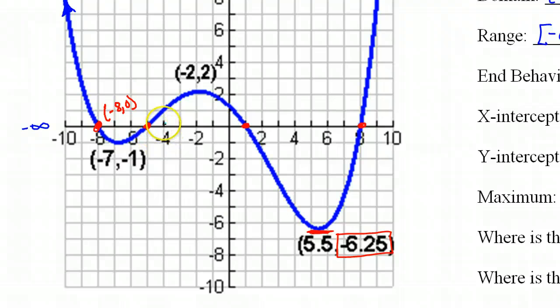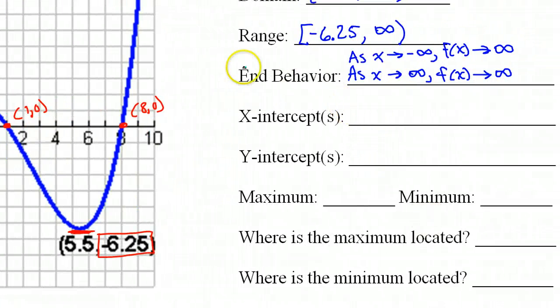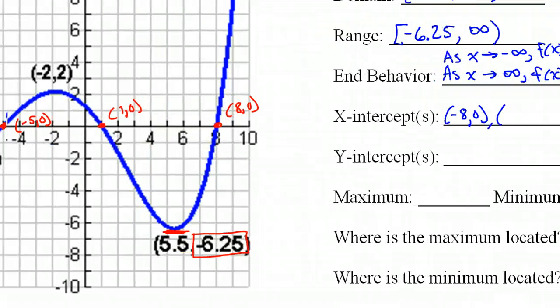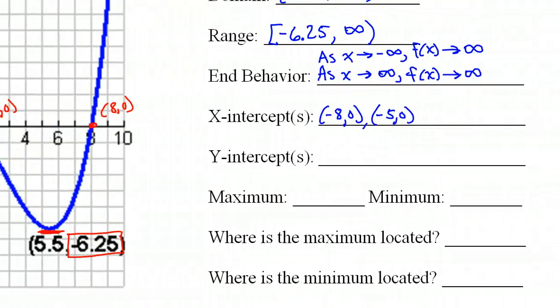And then this one here is, what's that, -5 comma 0. And this one is 1 comma 0. And this one is 8 comma 0. Those are the 4 x-intercepts, the 4 spots where the graph touches the x-axis. So I'm just going to recopy what I just said. And again, an x-intercept is an ordered pair, so don't just put a number, put the whole thing, including the parentheses and the comma 0 and everything.